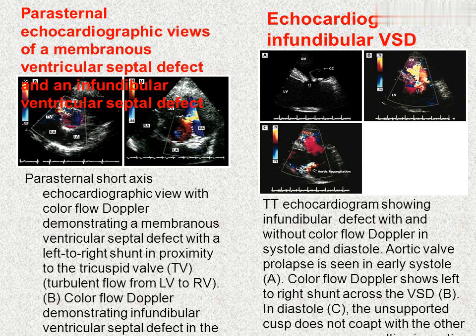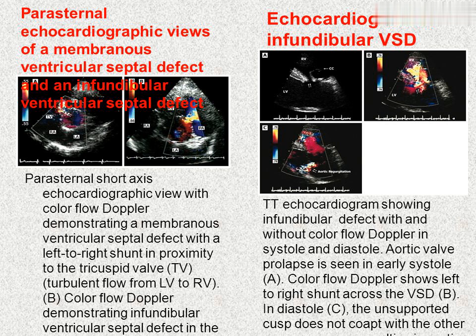B. Color flow Doppler demonstrating infundibular ventricular septal defect in the right ventricular outflow tract in proximity to the pulmonary valve, PV. TTE showing infundibular defect with and without color flow Doppler in systole and diastole.